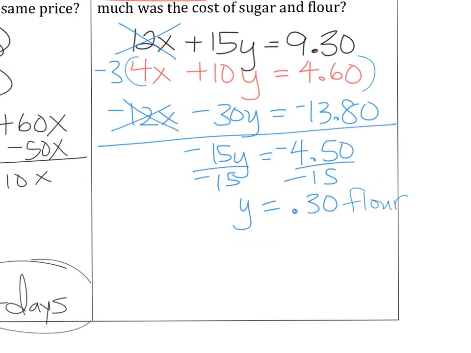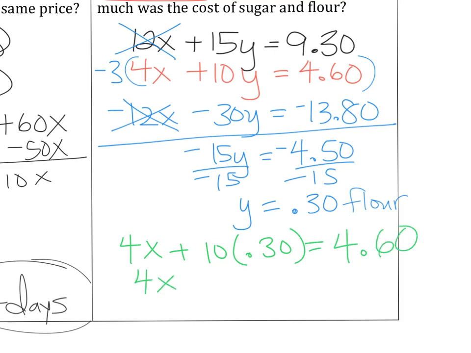Okay, so what we have to do is plug in that 30 cents and find out how much the sugar was. So I'm going to use the bottom equation. So it's 4x plus 10 times 0.30, 30 cents. I plugged it in. Okay, so 4x plus 10 times 30 cents is 3 equals 460.